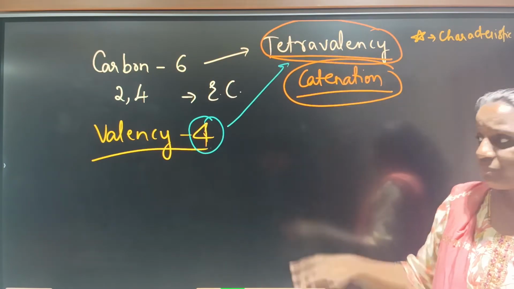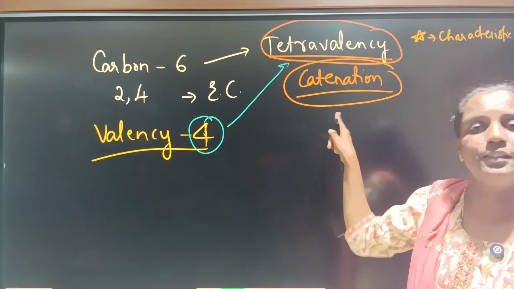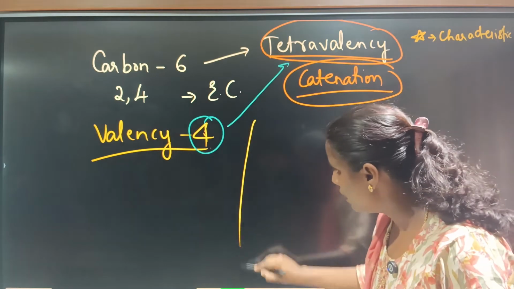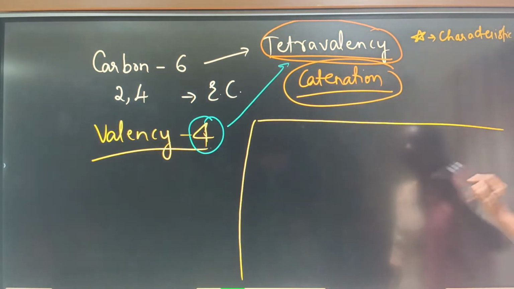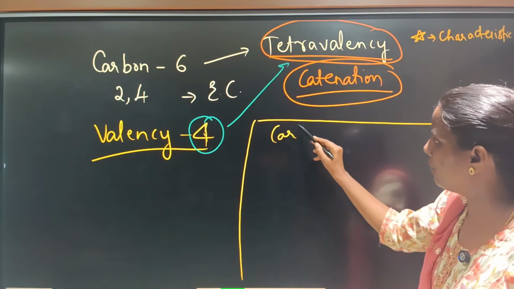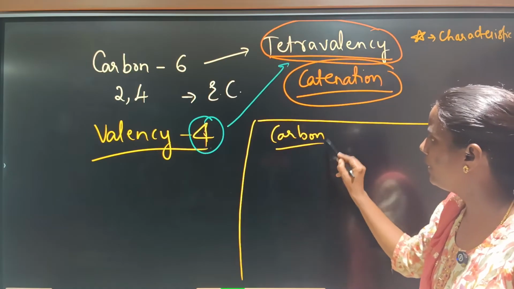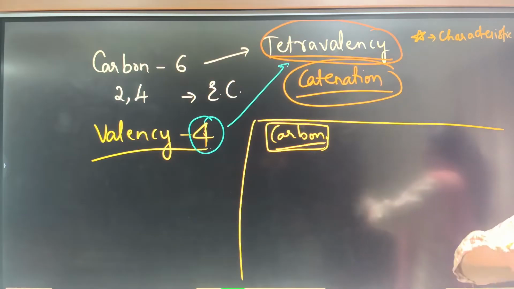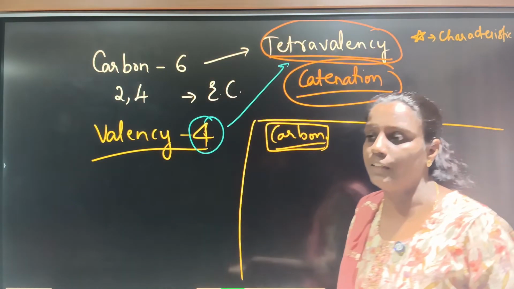Now before going to know what is catenation, I am going to explain regarding the carbon atom. Carbon atom forms a large number of compounds with other elements.